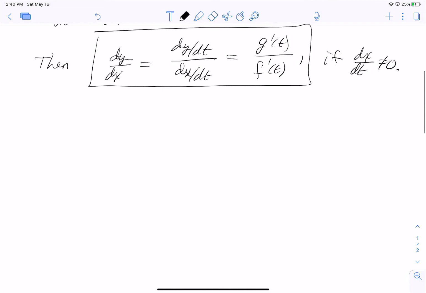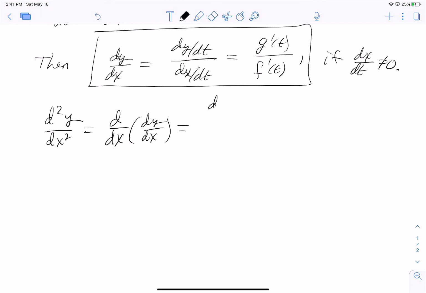The second derivative isn't quite so straightforward. d2y dx2 is the derivative with respect to x of dy dx, and so is equal to the derivative with respect to time of dy dx divided by dx dt.